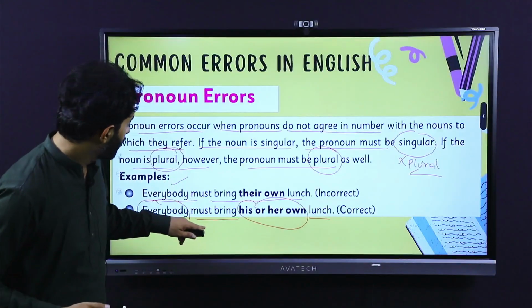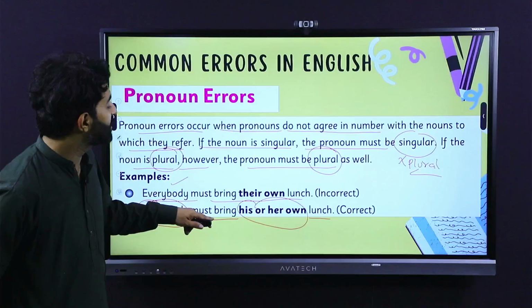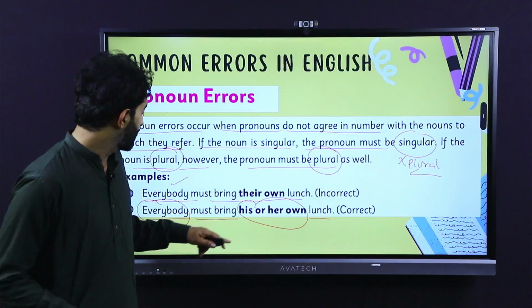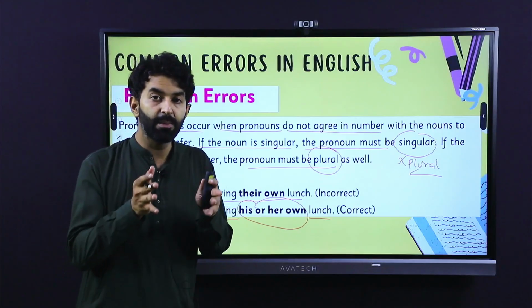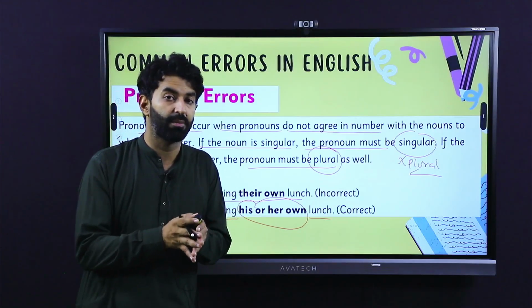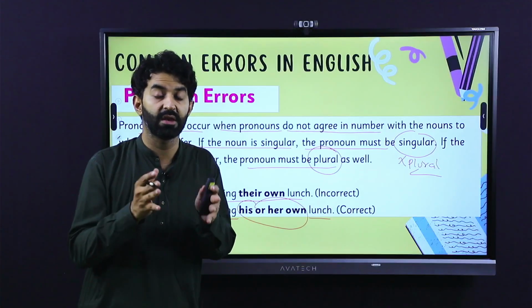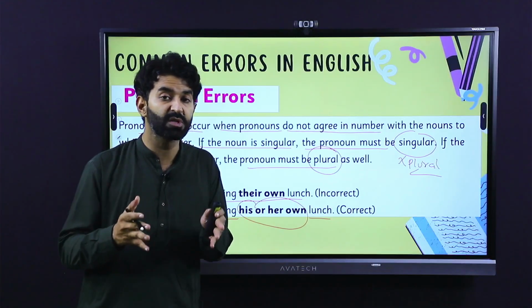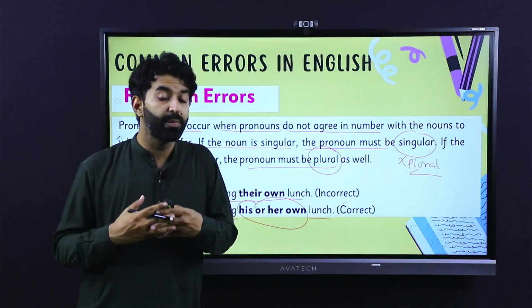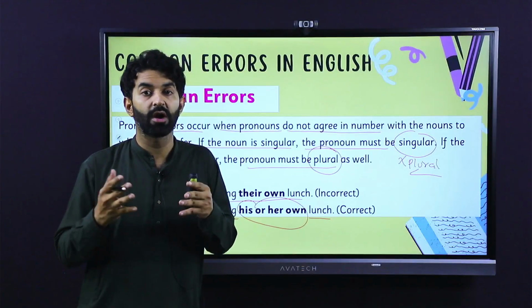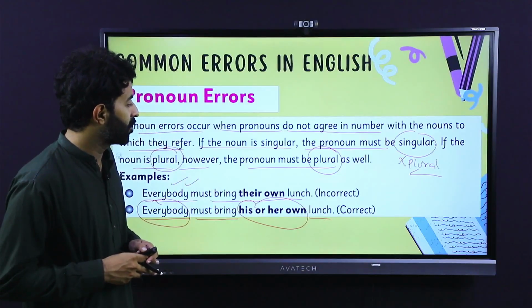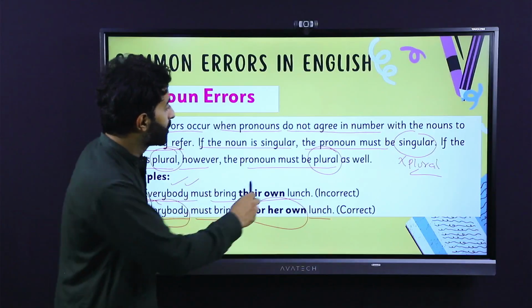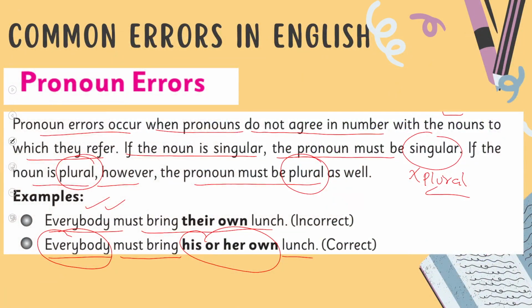So we should say everybody must bring his or her own lunch, not their own lunch, because everybody, every individual we are talking about, is a single individual in herself or himself. So your nouns should be agreeing with the pronouns.